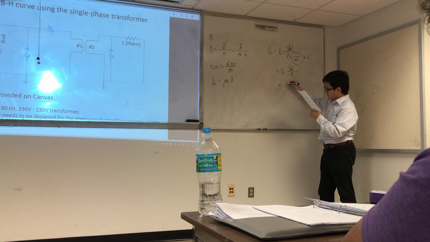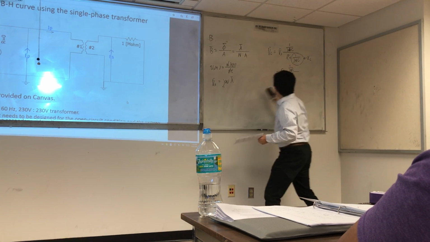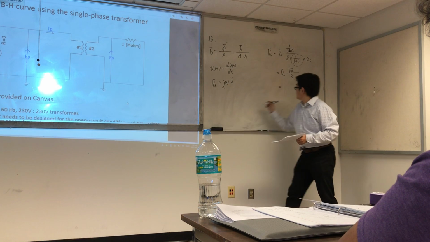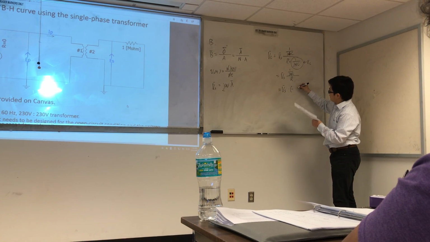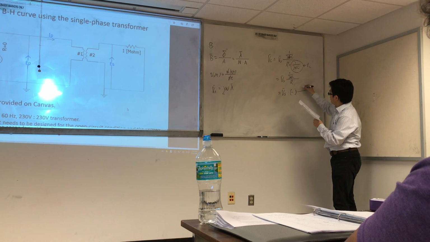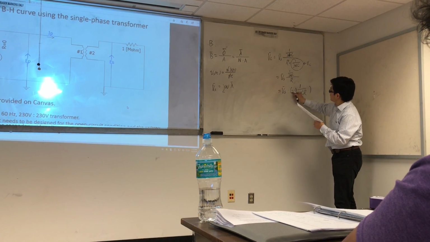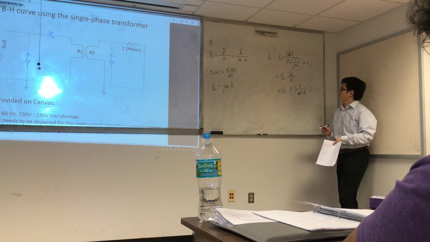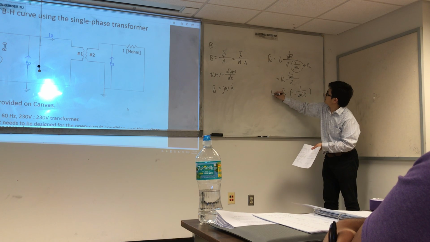Next, Vs times negative j/(ωCR). This is your Vc.